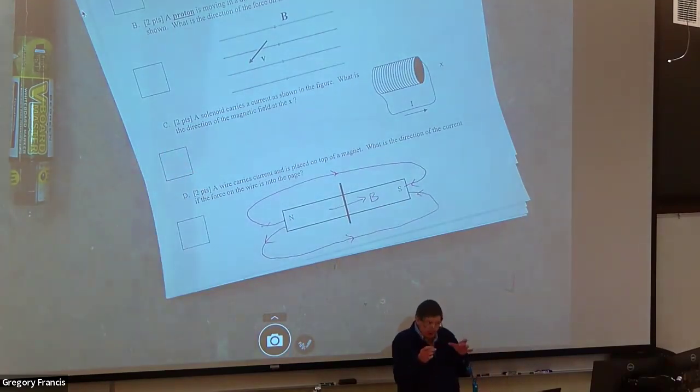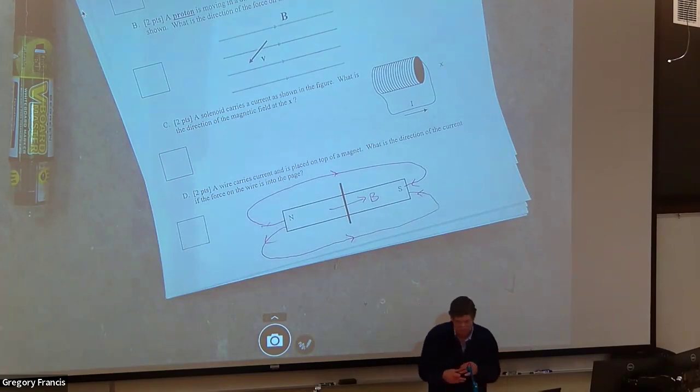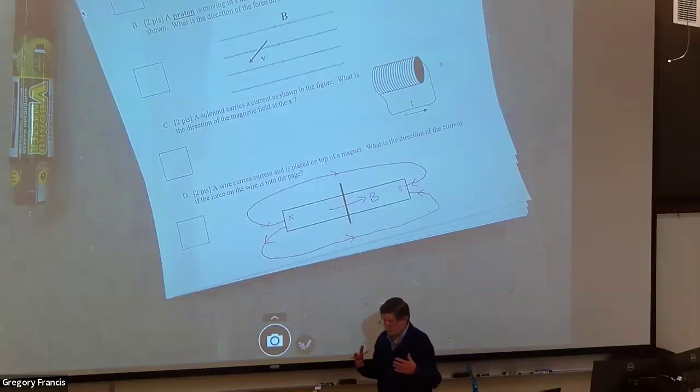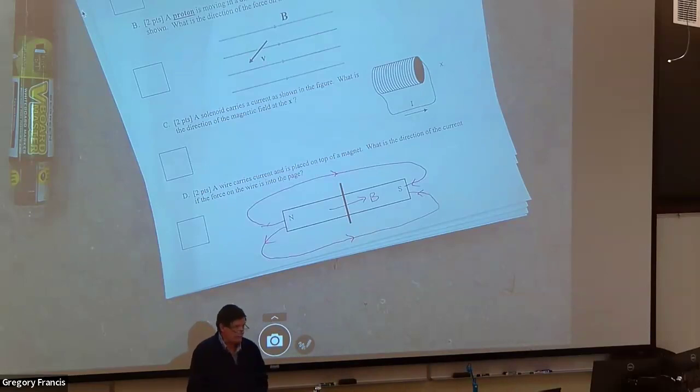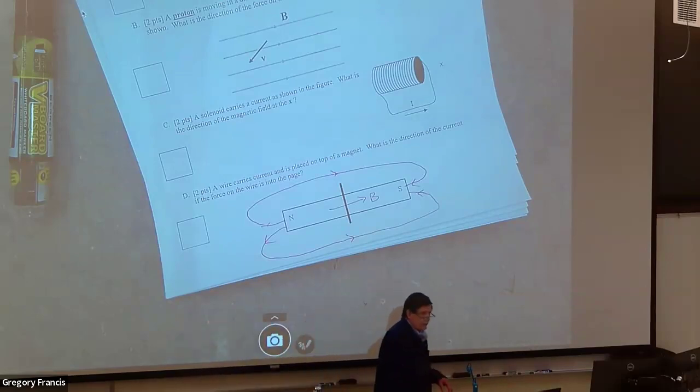Now inside the bar, the field lines go from south to north, but the wire's not inside the bar, it's outside the bar. Now, this is one of those problems, and there's many of them, where there's only two possible answers. The current's either going up the wire or going down the wire. So you just try them both.